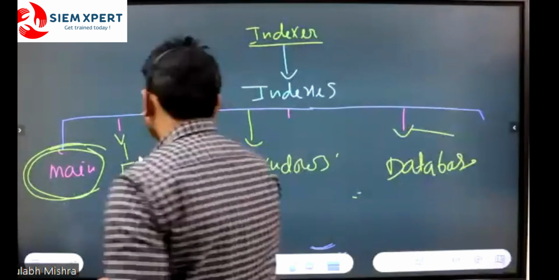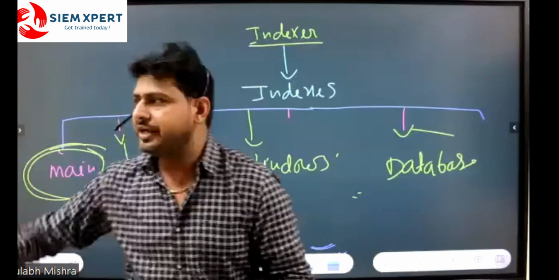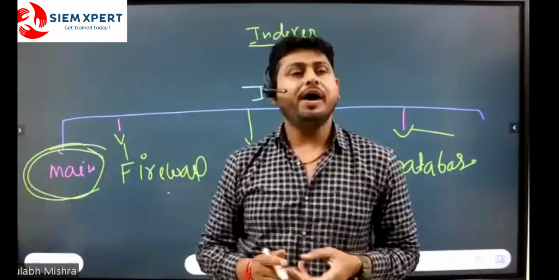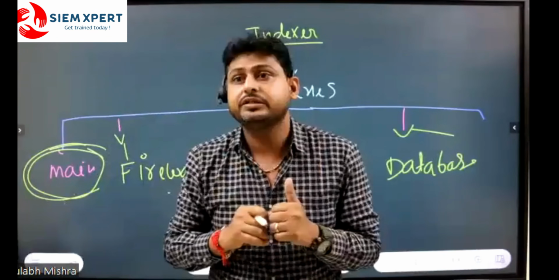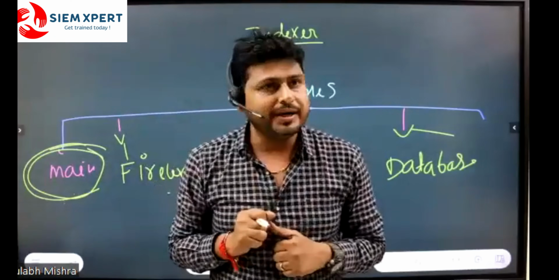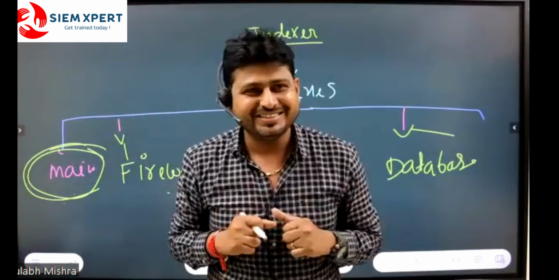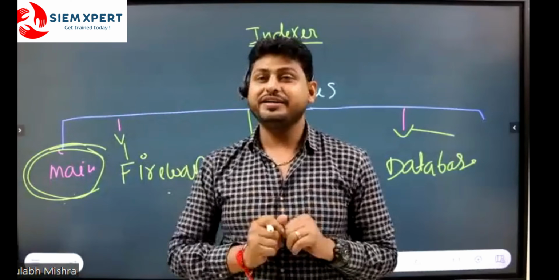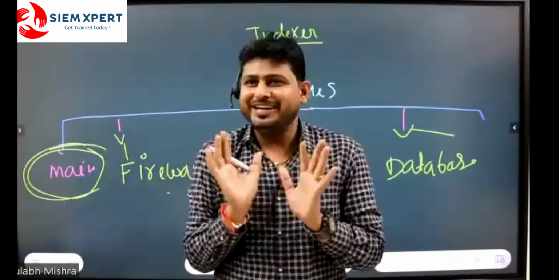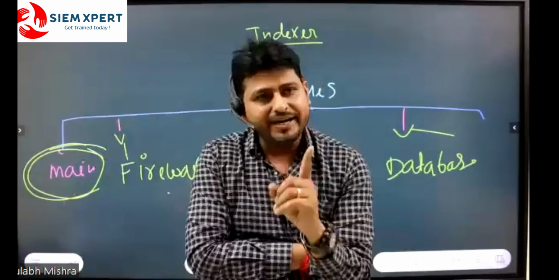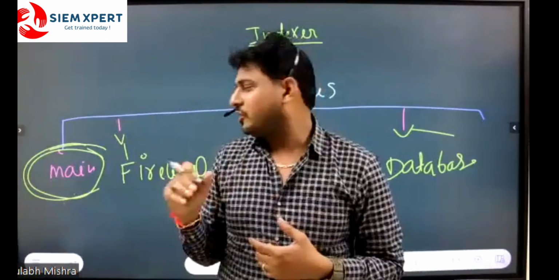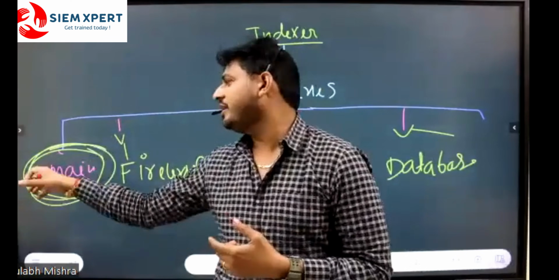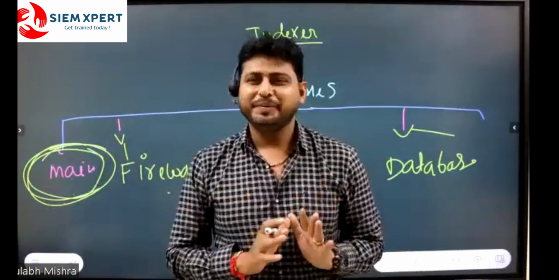While you are collecting logs, that is, integrating devices, it asks where you want to keep the data, in which index. The default setting is the main index, so if you do not change it, the logs get stored in the main index.